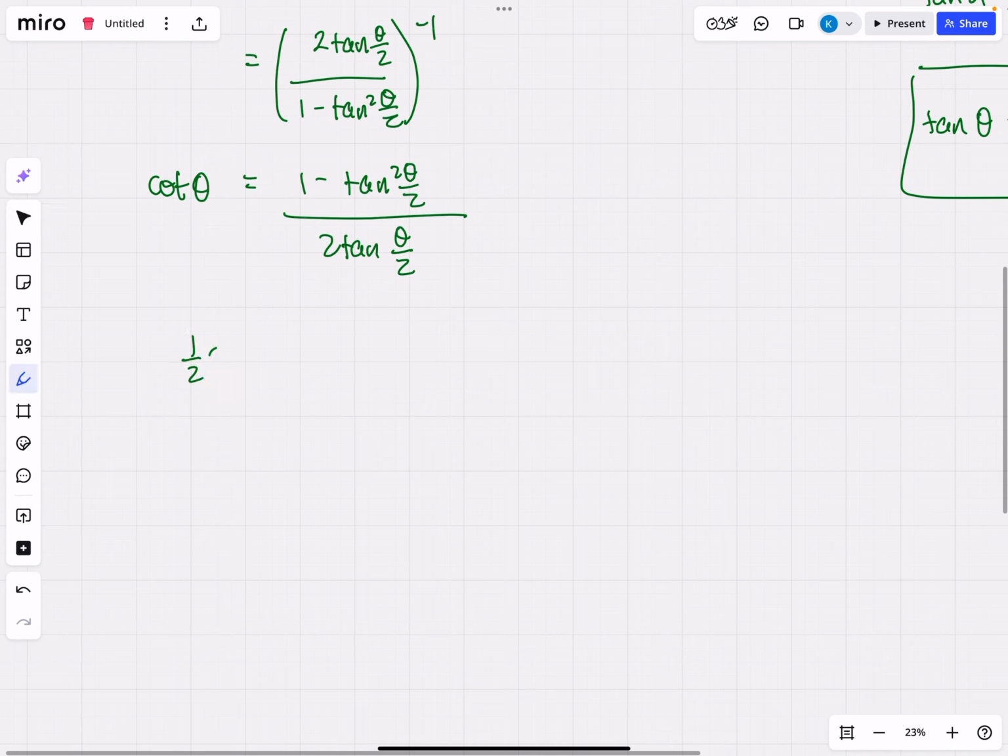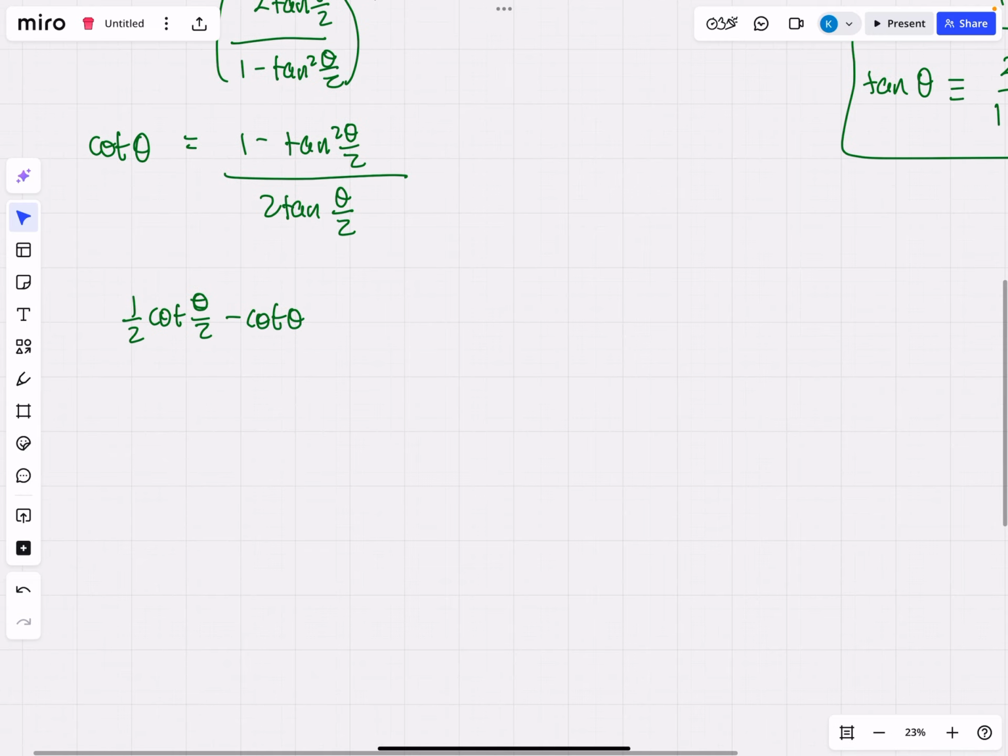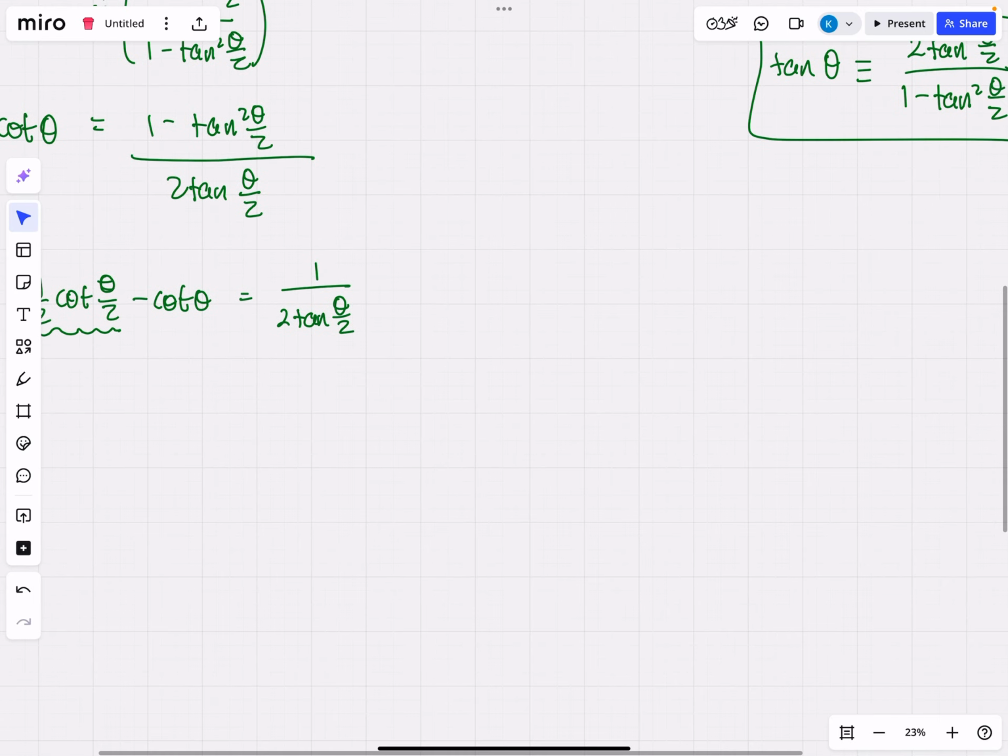So we have a half cot theta over 2 minus cot theta is equal to, well, that's just going to be 1 over 2 tan theta over 2 for this part here, minus 1 minus tan squared theta over 2, over 2 tan theta over 2.